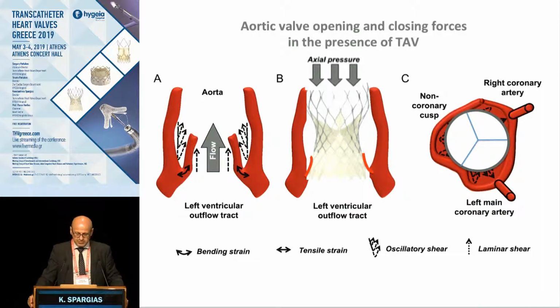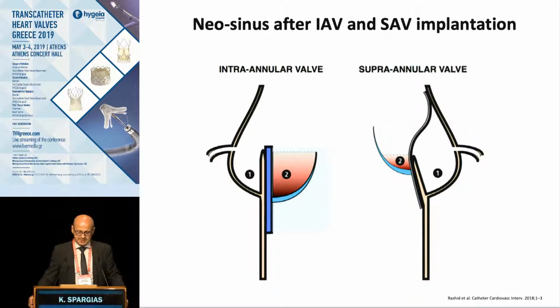And in the supra-annular design, things are a little different because the annulus moves higher, so all these vortices are still there and going to help closing the leaflets of the Medtronic valve. And exactly this is the change in the new space.